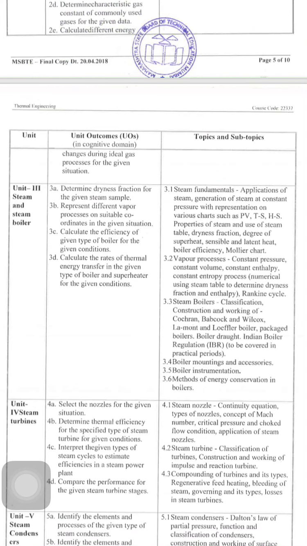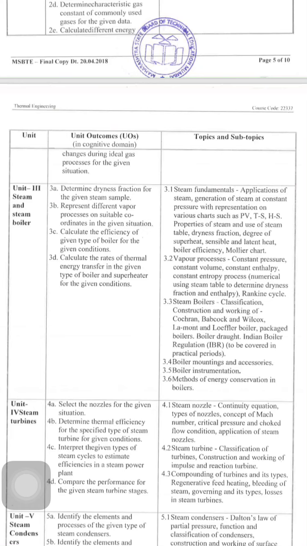Then we have to study the various properties of the steam: enthalpy, entropy, specific volume. Then we have to study the steam table. What is the application of the steam table, and where we have to use that steam table.